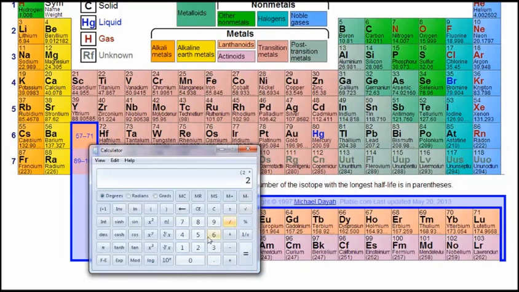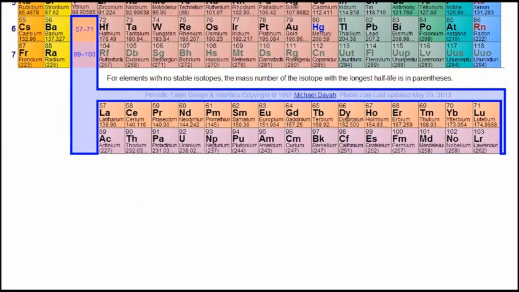And then we're going to add that to 3 times oxygen, which is 16. And so 101.96 is the molar mass of aluminum oxide.